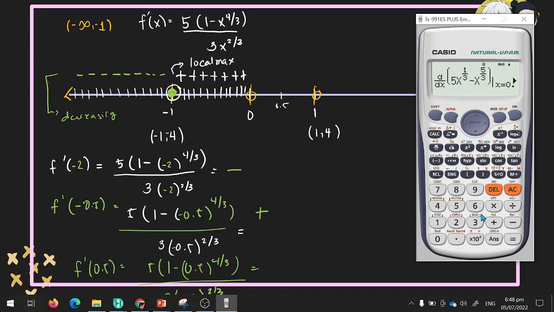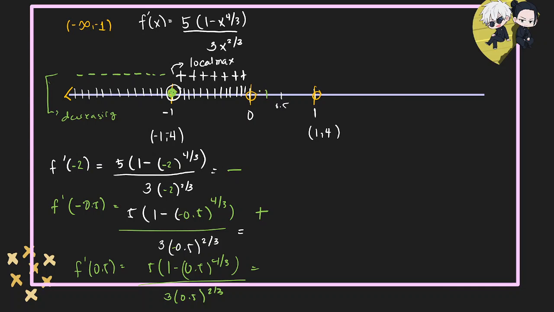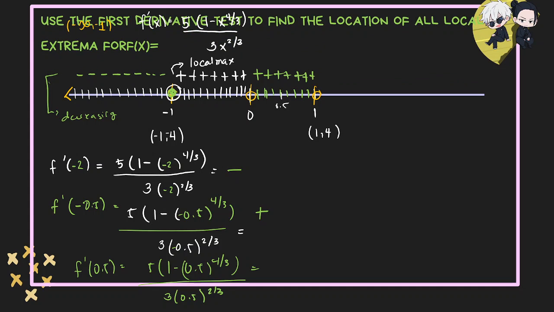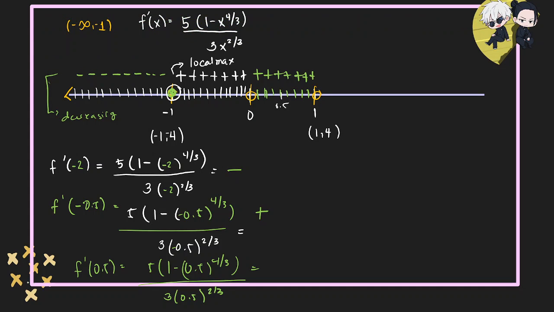The answer is positive naman. So ang sagot pala, pag inano natin si 0.5 is positive pa din. So kung positive pa din yan, therefore, yung 0 natin ay hindi siya local extrema. Meaning hindi siya local minimum, hindi rin siya local maximum. That's why this point is not a local max, not a local min.